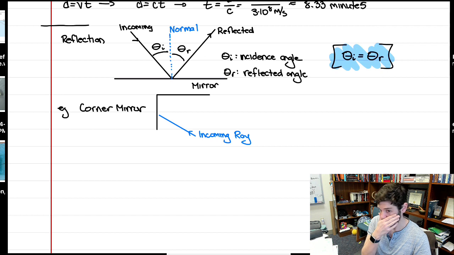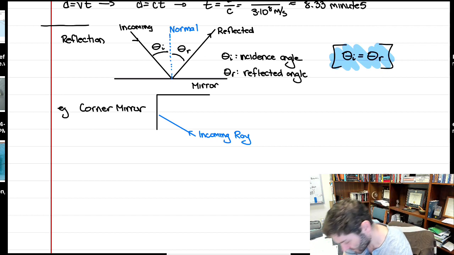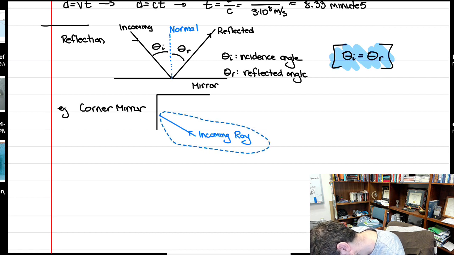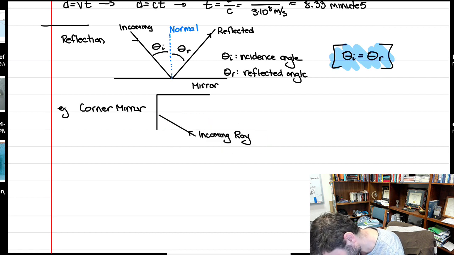What happens? Well, we can just take this in stages. I guess my normals were blue up there, so I should have made this not blue. Can I recolor? I can recolor. Look at that.